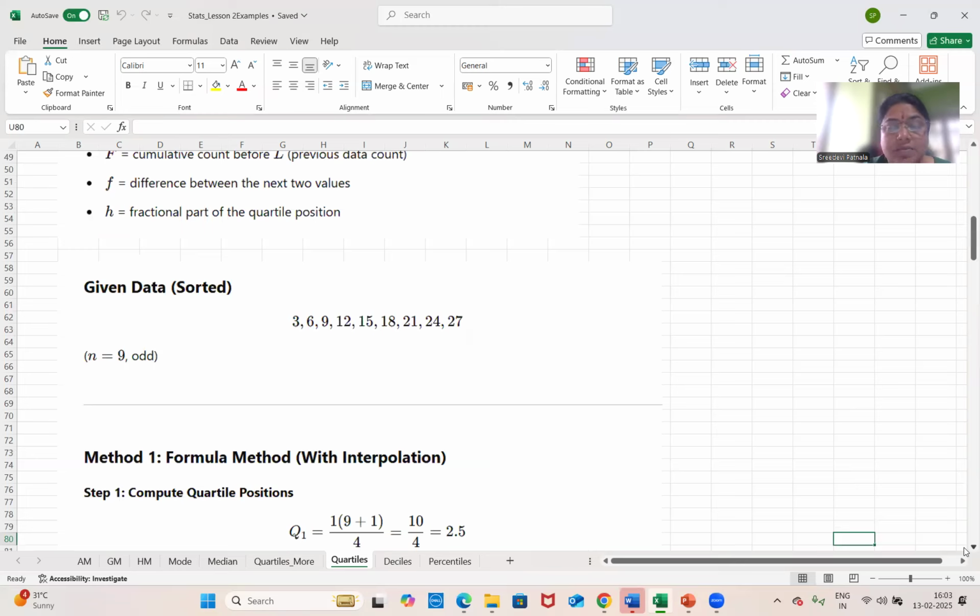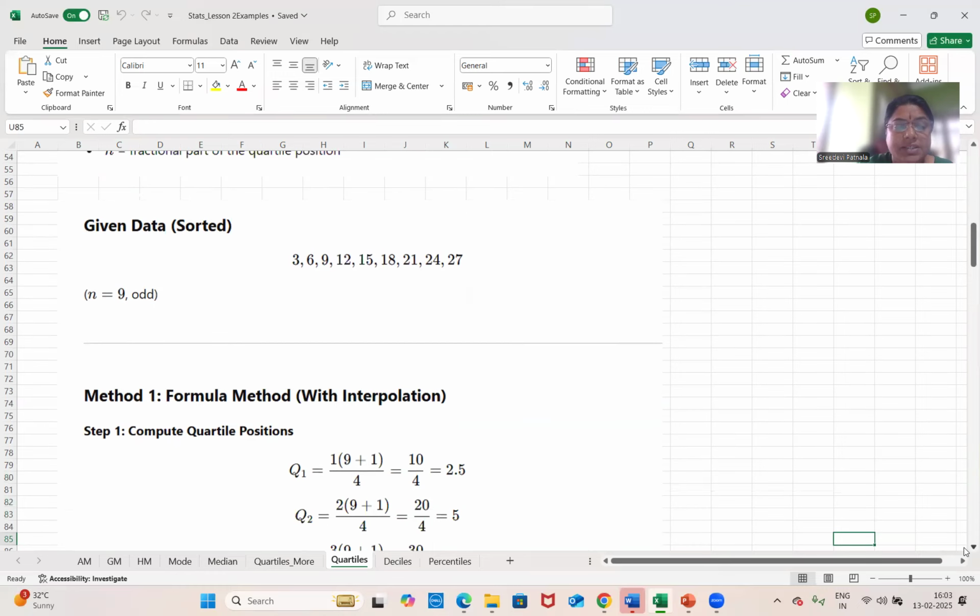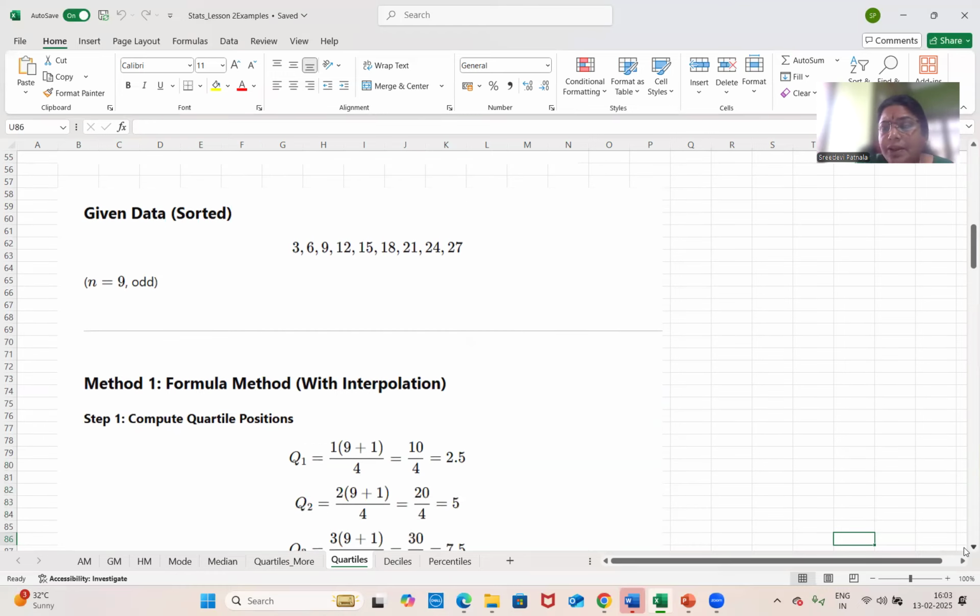When you count these numbers, n is odd. For a median, if n is even, you take the two middle values and divide by 2, and if it is odd, the middle value is the median. But if a decimal value comes for your Q1, Q2, Q3, only then should interpolation come. So this is about the quartiles.